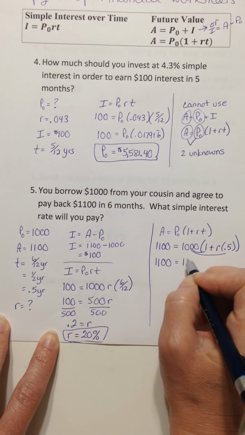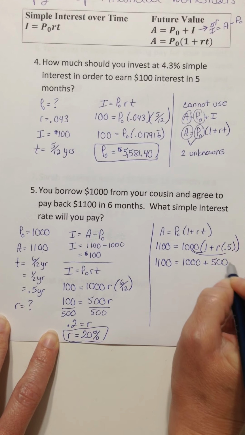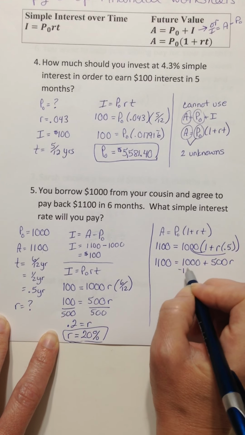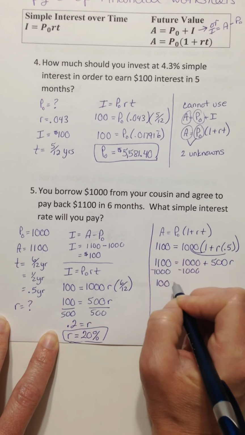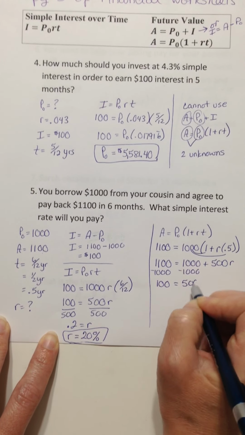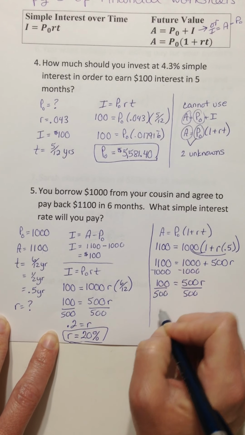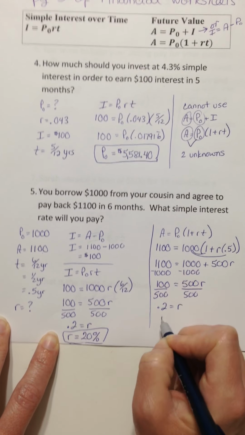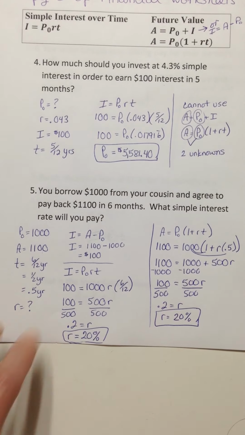So we get 1,000, you multiply that in, you get 500, subtract the 1,000 over, get 100 equals 500 divided by R, and again comes out to 0.2, multiply by 100 to get 20%.